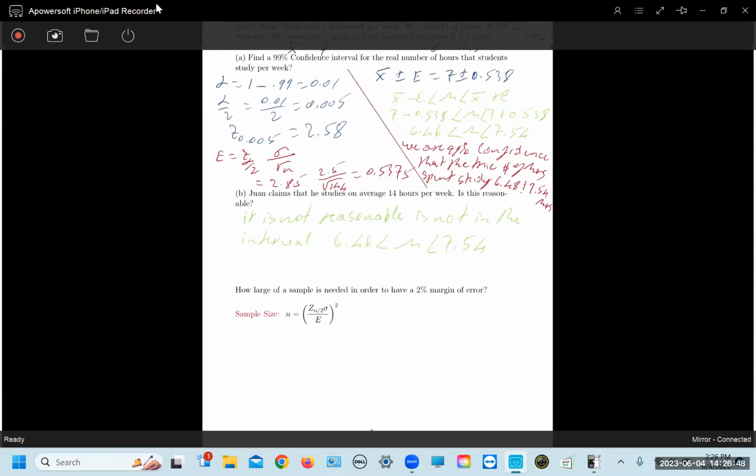So how large a sample is needed in order for the margin of error to be 2?